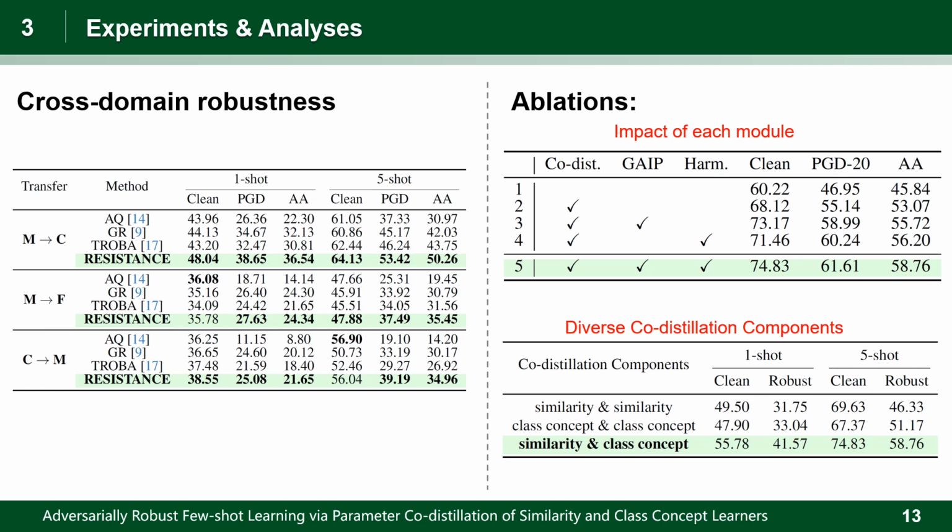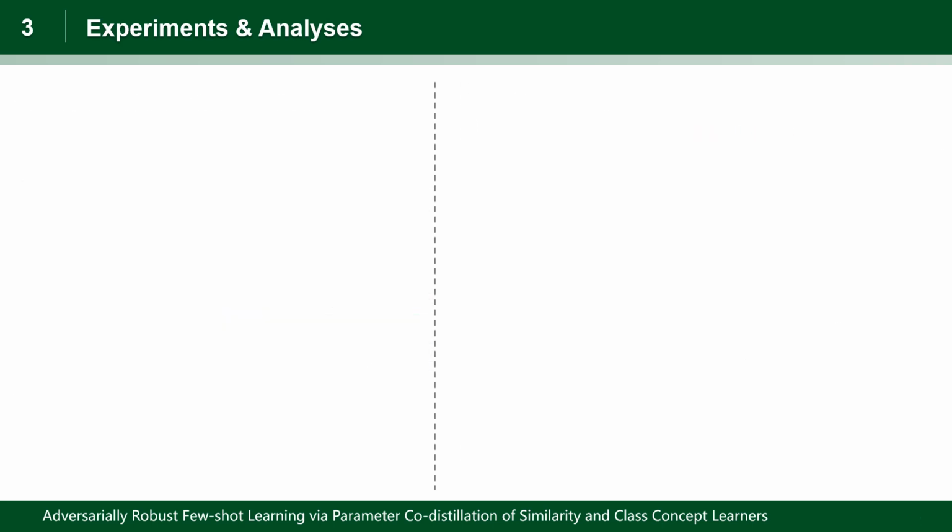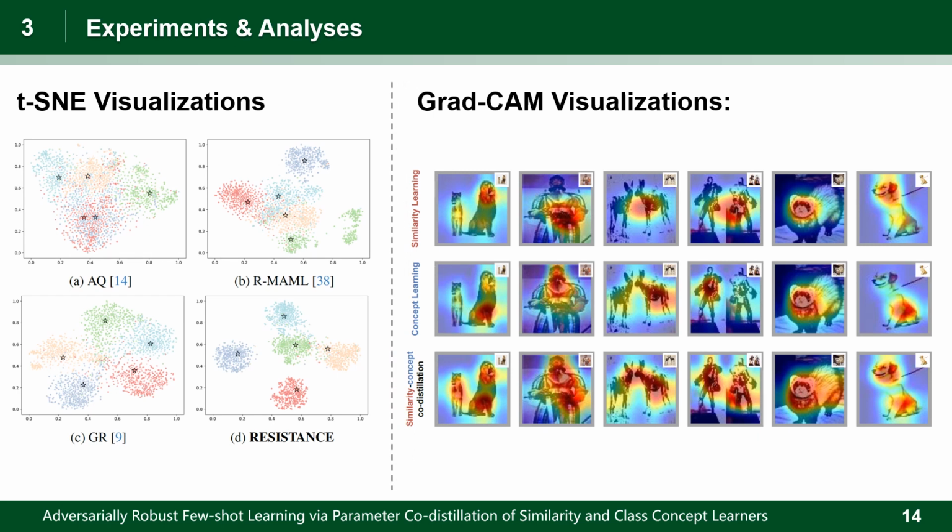Ablation studies also validate the effectiveness of each module and the co-distillation components. Here we also provide t-SNE and Grad-CAM visualizations to illustrate the clear decision boundary achieved by our method.